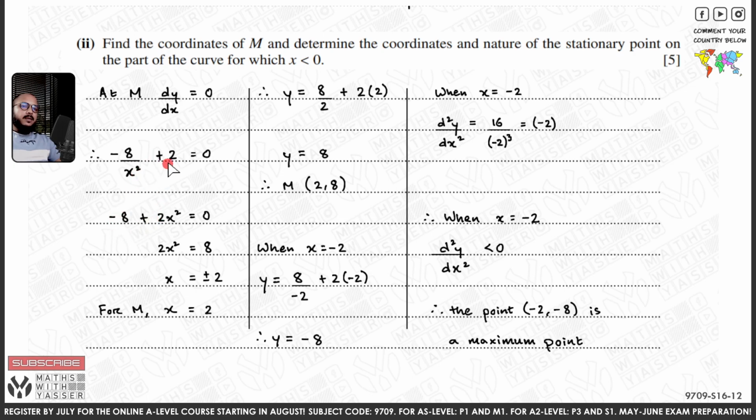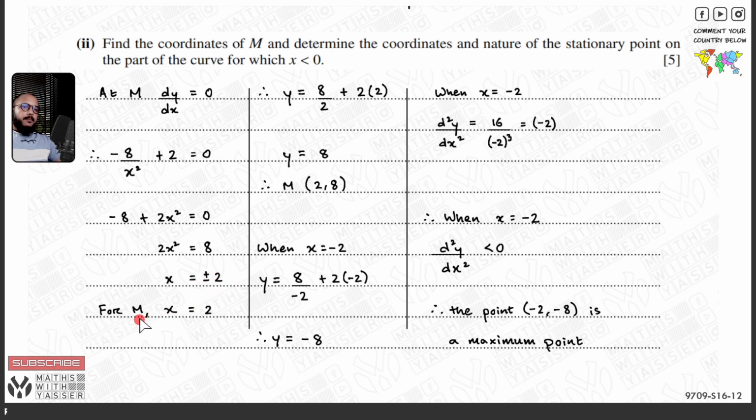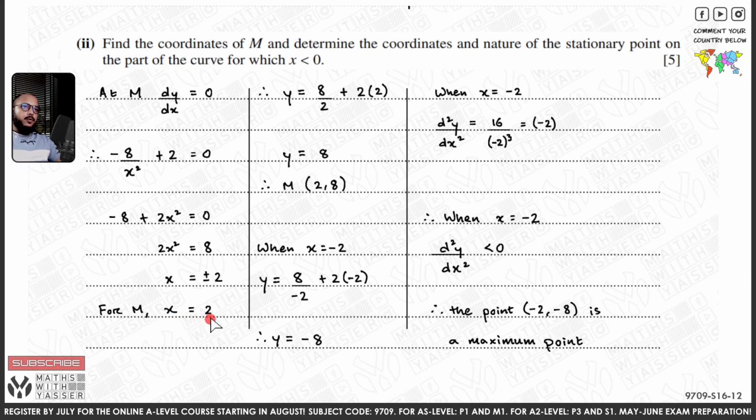So if we do LCM, this will become minus 8 plus 2x square, and x square times 0 is 0. So 2x square equals 8. That means x square will be 8 over 2, which is 4, and if we square root, it becomes plus or minus 2. So for M, x is equal to 2.